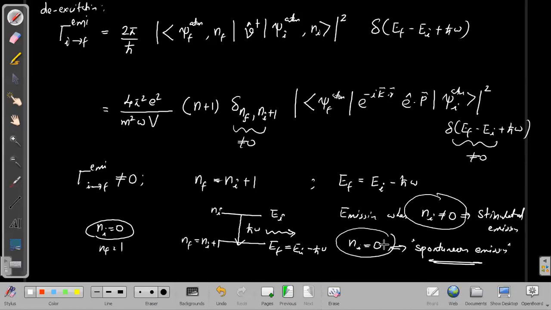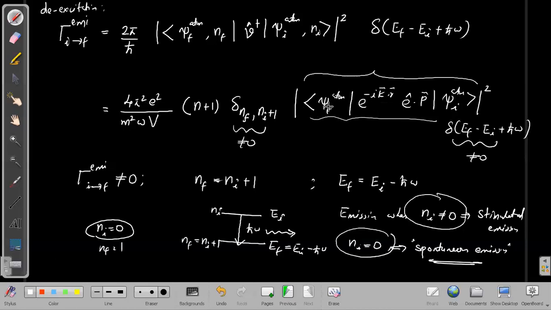Next, we'll discuss the dipole approximation, which basically comes from this term. Recall this term: in order to get a non-zero transition rate, this inner product must be non-zero. That is the third condition; two conditions we have already discussed. The third condition is that this inner product must be non-zero in order to get the excitation or de-excitation transition rate.